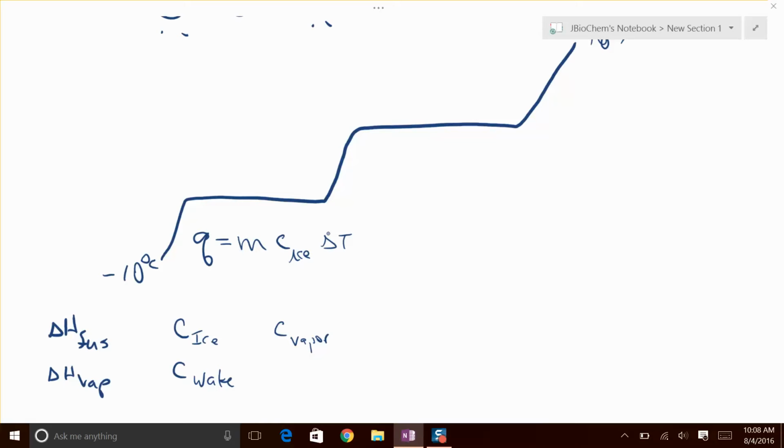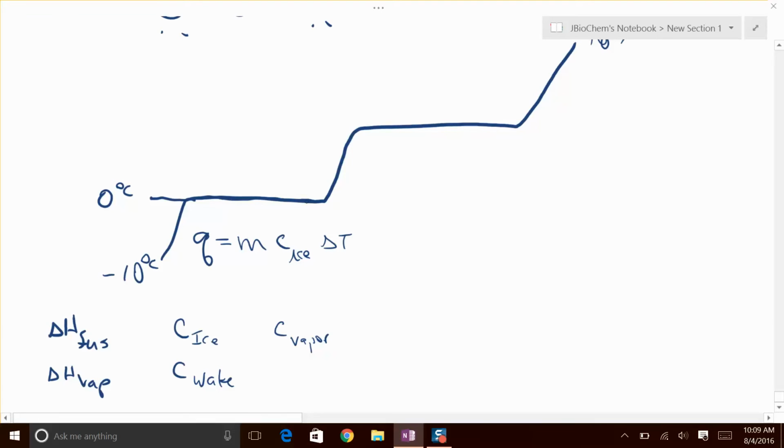Okay? So here, for this Q, I would use 10 degrees Celsius as my delta T, because this plateau is 0 degrees Celsius. How do I know that? Because this is the plateau where I have the delta H of fusion, where I have to convert every mole or molecule of my water into liquid, from ice to liquid.